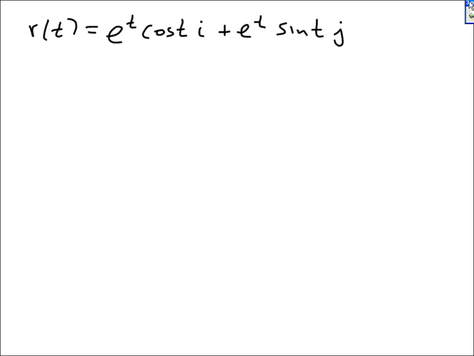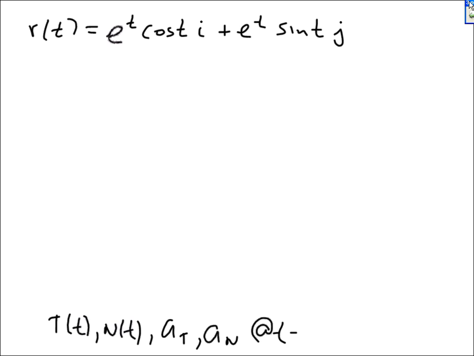And you're further told to find T of t, N of t, a sub T, and a sub N at t equals pi over 2. We're going to find those four values.